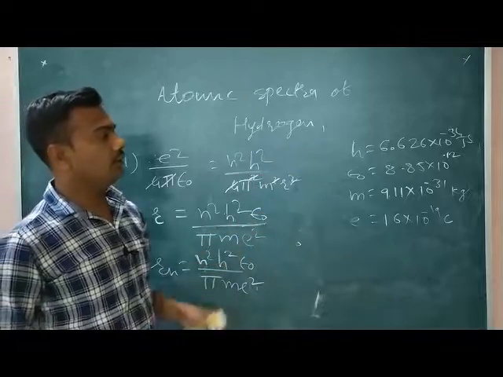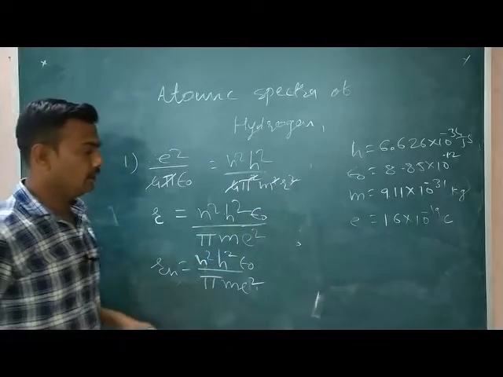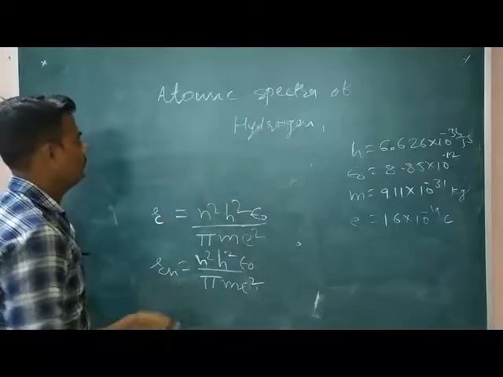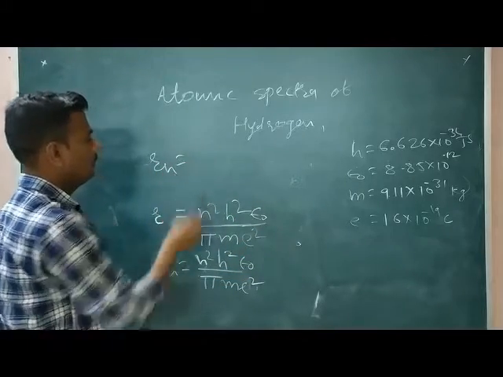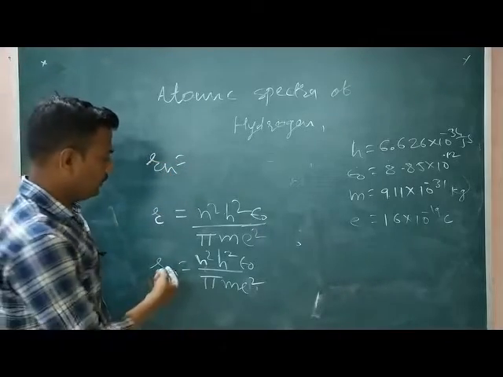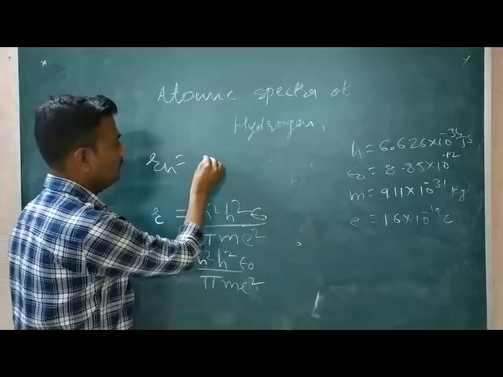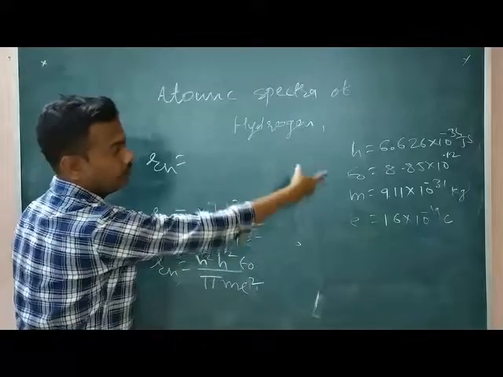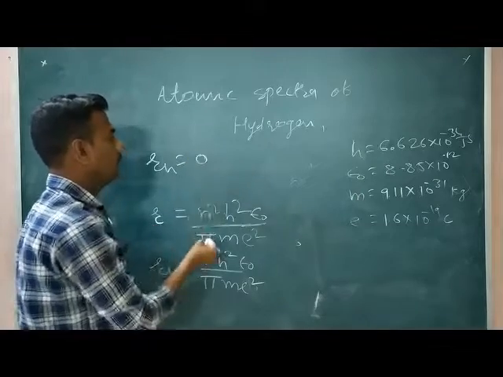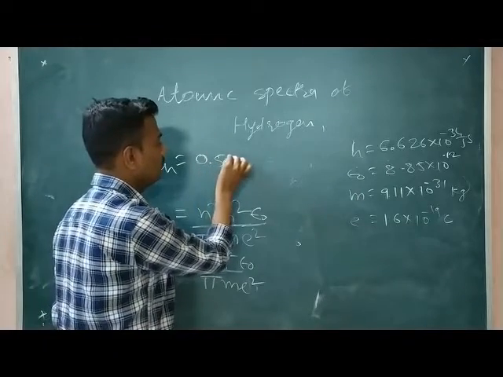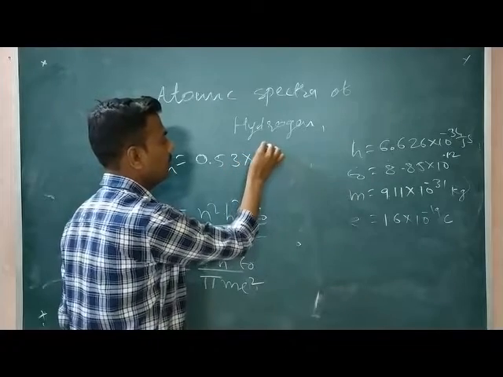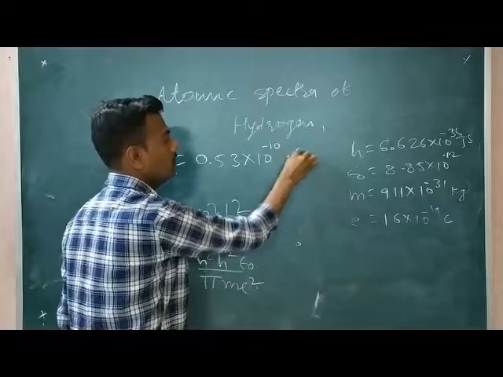If we substitute all these values, the radius of nth Bohr orbit Rn comes out to be, I will write here directly, 0.53 into 10 to the power minus 10 into n square.